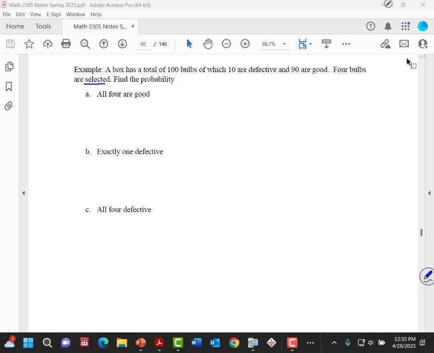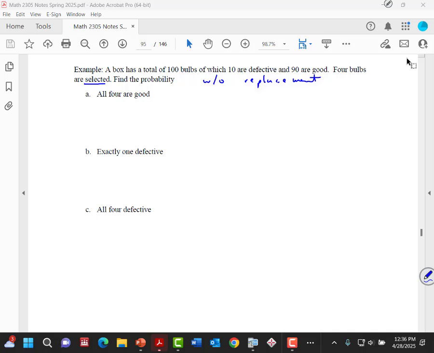Now, I'm going to say that these are selected without replacement. What do I mean without replacement? That means I reach in, I grab a bulb, I test it, and then I reach in, I grab a different bulb, okay? So we're not testing the same bulb, perhaps, multiple times.